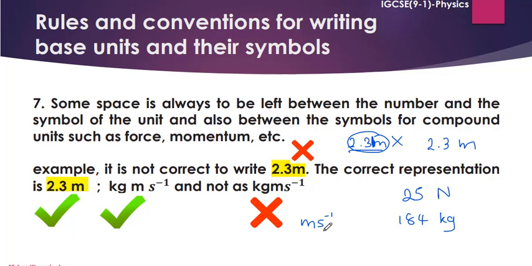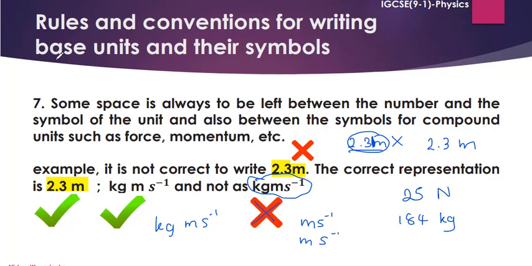So if there are two units, there should be a gap. Meters per second, there should be a gap. Kilogram meters per second, right? There should be a gap. If you write it like kilogram meters per second without spaces, that is completely wrong, right?